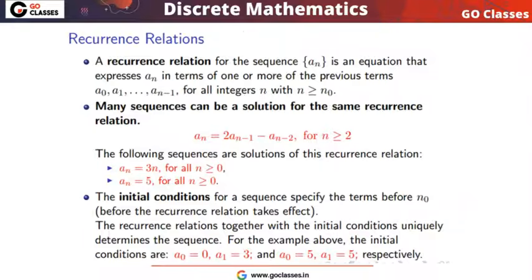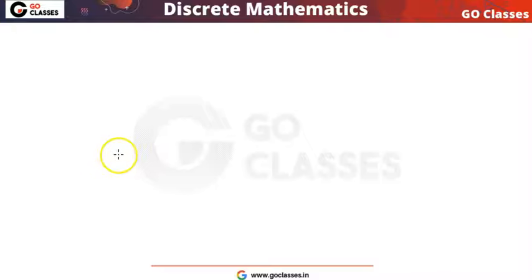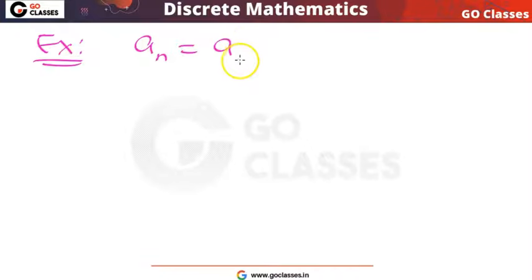Now remember, this is a very important point, that the initial conditions are important. It means from where your recursion is starting. For example, consider this example: let's take an equal to a(n-1) plus a(n-2) plus twice of a(n-3).